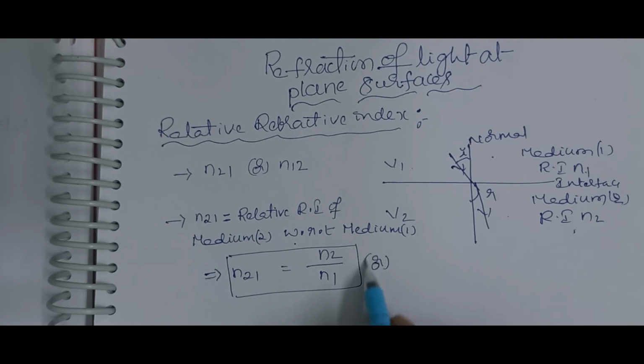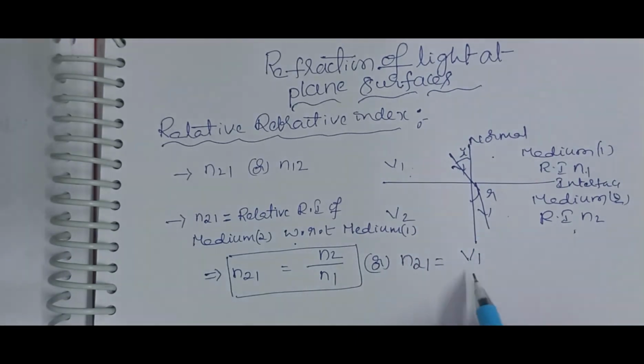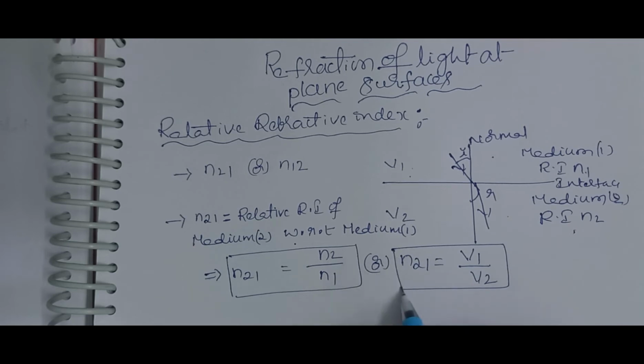It is also equal to the ratio between the speed of light in the first medium and the speed of light in the second medium, v1 by v2. v1 means speed of light in the first medium and v2 means speed of light in the second medium.